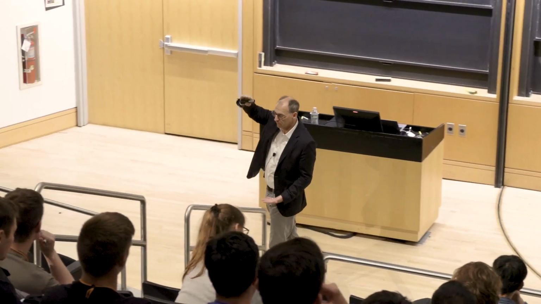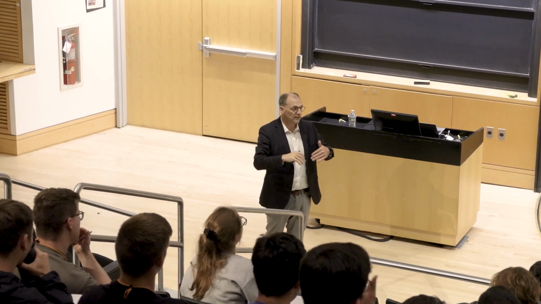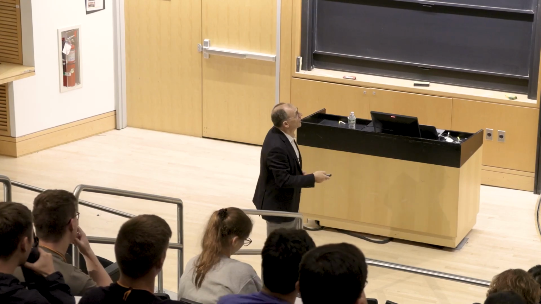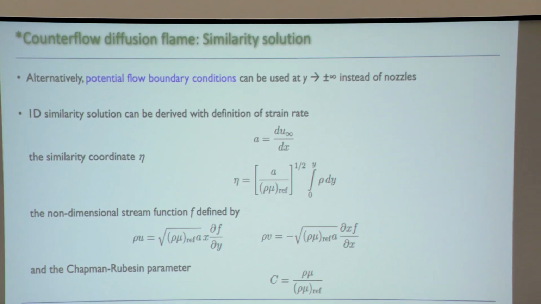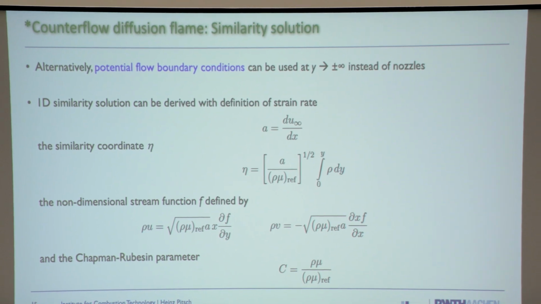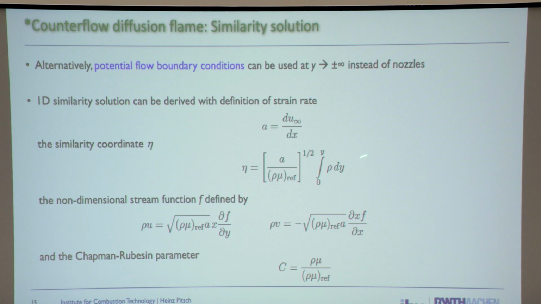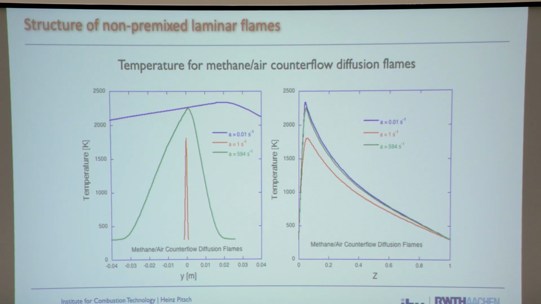It's a potential flow very far away from the center line, and then at some point it starts turning around. That's what's often used, and then you also get a similarity solution, shown here, where eta is a coordinate in this y direction. We don't need to follow through this, but that also leads to analytic solutions.